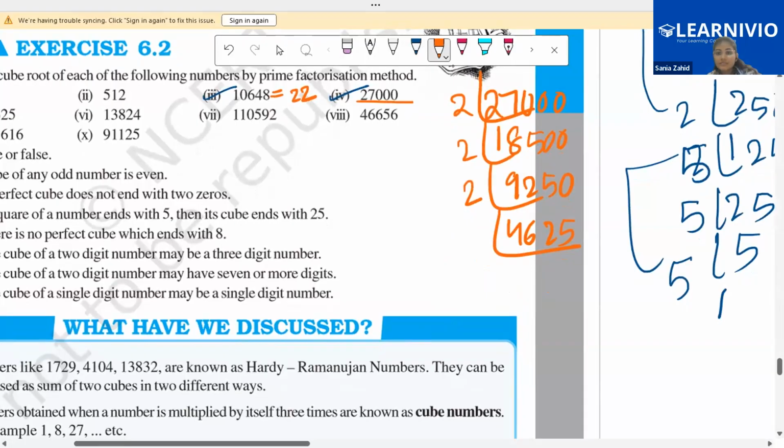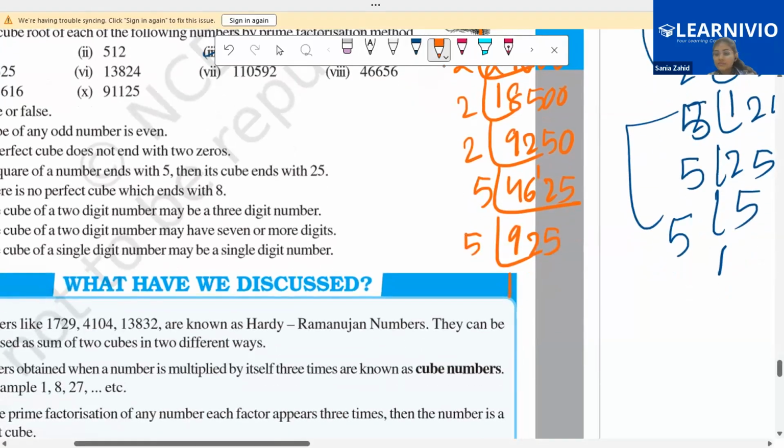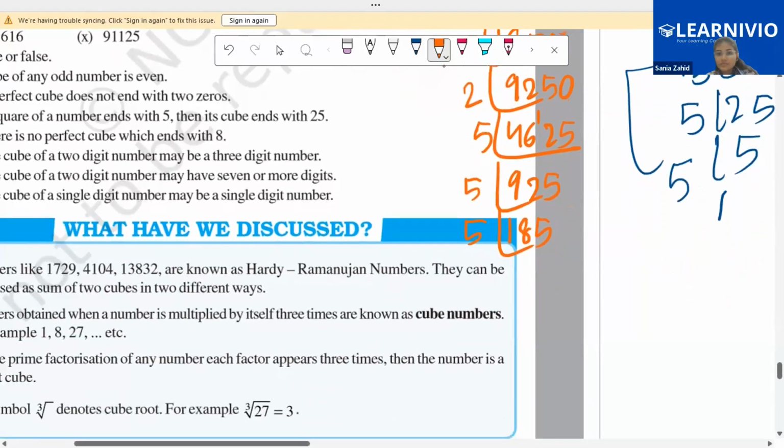Then not by 3, you can divide it by 5. 5 into how many times? 5 into 9 gives 45, 1 will be the remaining. Then 2, then 5. Not 5. One minute, we did something wrong.